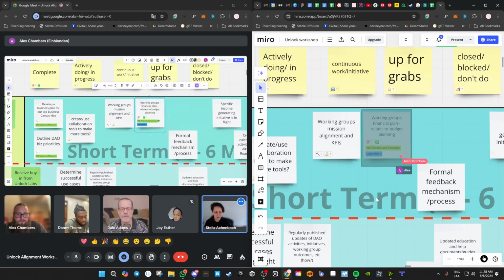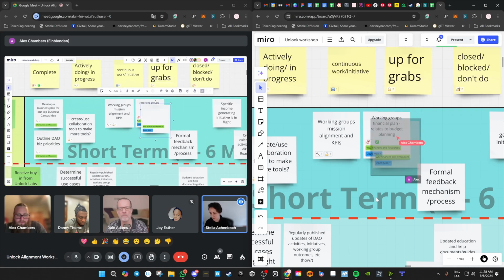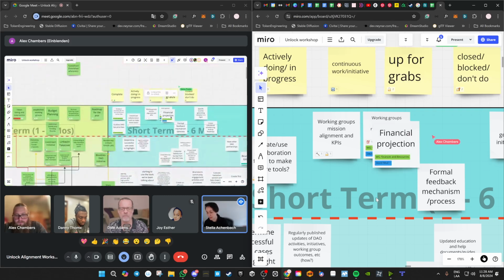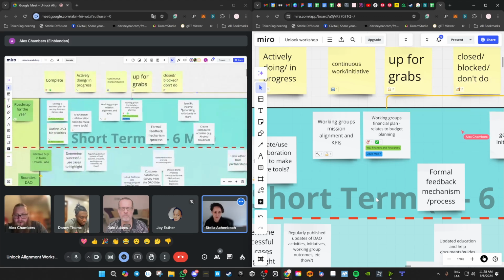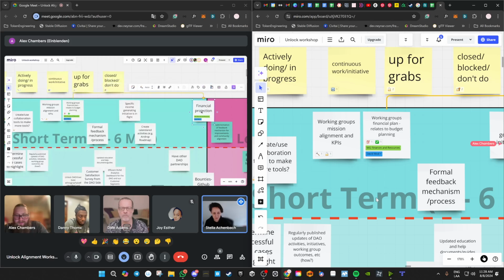And I don't know if it's okay to add something, but underneath maybe we could add financial projection, because that's what is going to happen after the 3 months are over, right? So how much of the proposed budget have we actually spent, and how much do we still have left from that period to maybe transfer to the next period and then create on top of this the next financial plan. I put it over here. Okay, thank you.